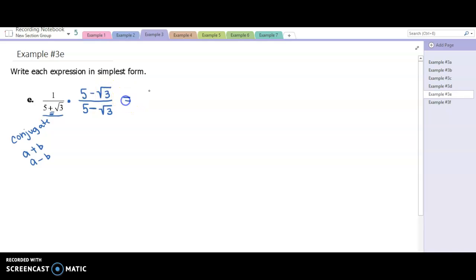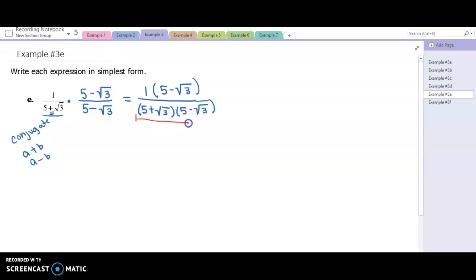So what we get would be 1 times 5 minus square root of 3 on top, over 5 plus square root of 3 and 5 minus square root of 3. Some of you are like, that looks more disastrous. Well, give me a second, and it'll look better in a minute.